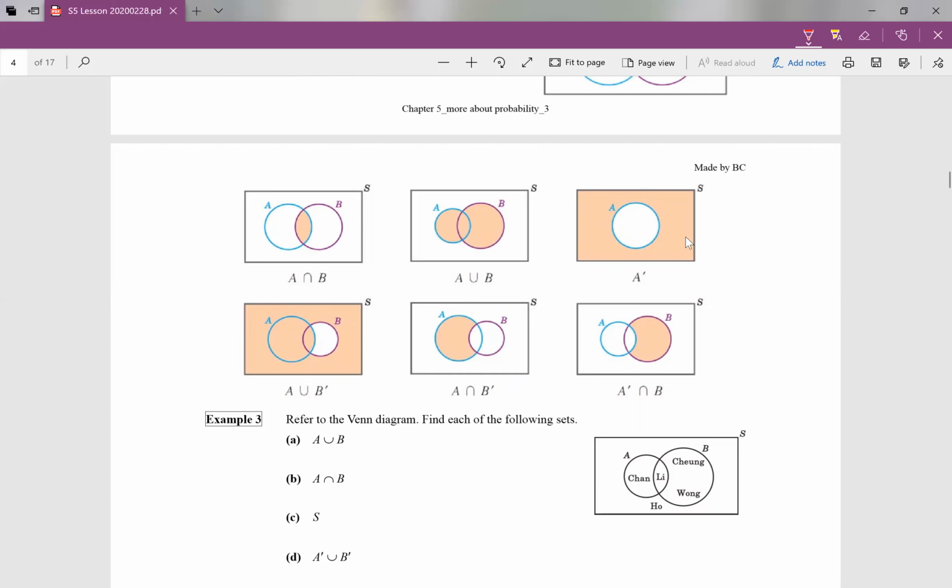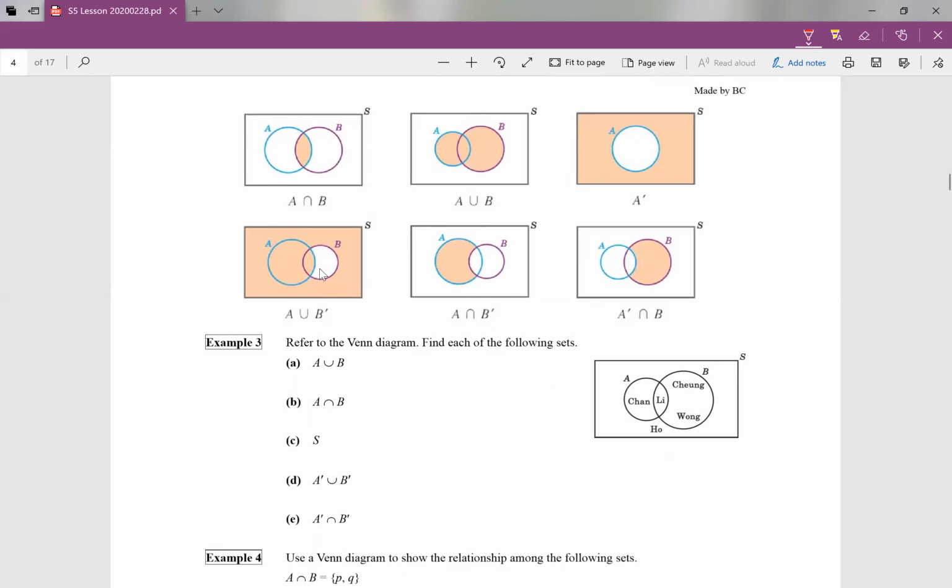This is the complement of A, represented by the shaded area. This is A union B prime. A, all the elements in A and all the elements in B prime, including the overlapping part.